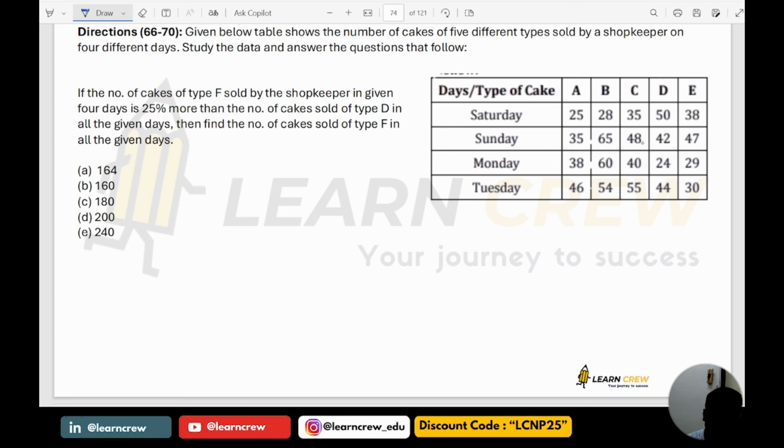Type D on all the given days: 50 plus 42, 92 plus 24, 116 plus 44 is 160. So 25% more than 160, 25% is 1/4, which is 40. So F is 200. The answer is 200.